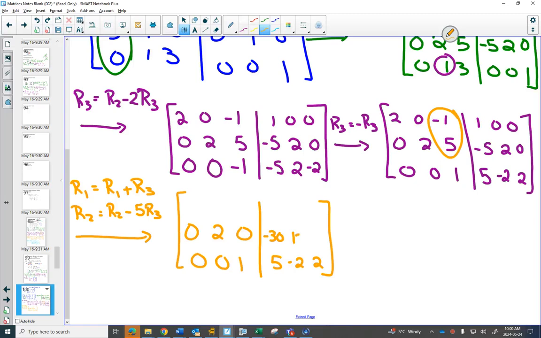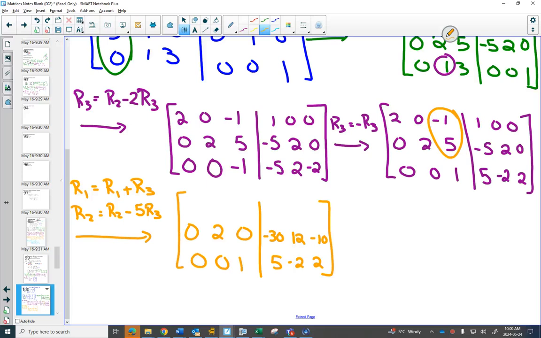This will become 12. And this will become negative 10. Okay. The big pause was I was doing a bunch of double checking on my mental map.